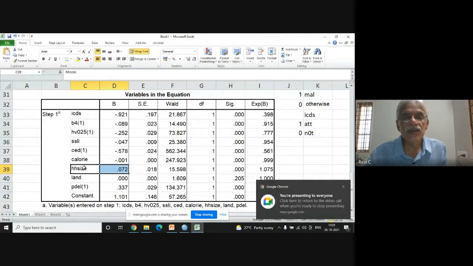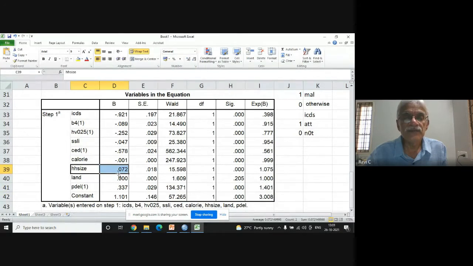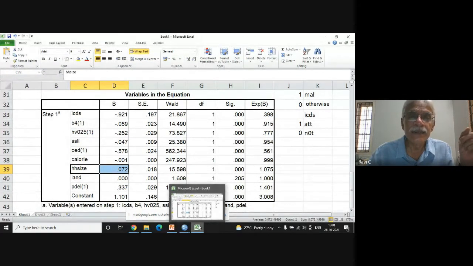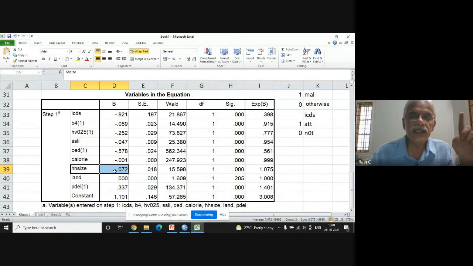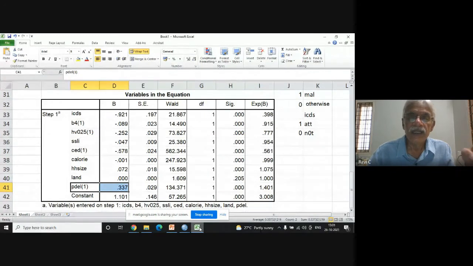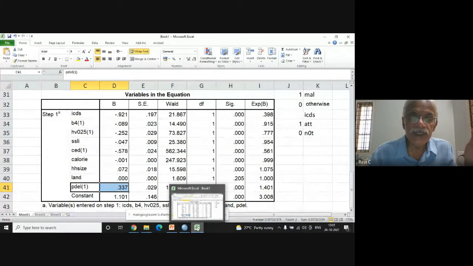Look at this household size. As household size increases, malnutrition increases. This is place of delivery. At home is 1, non-institutional is 0.